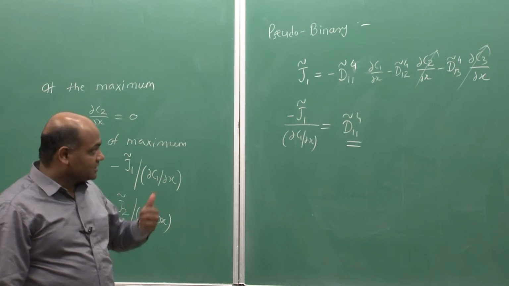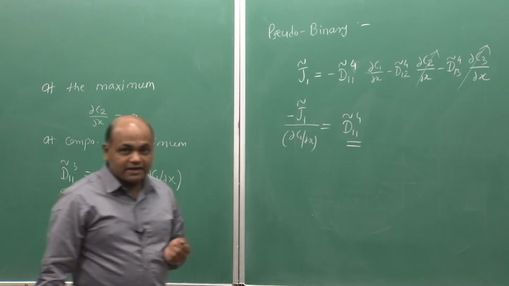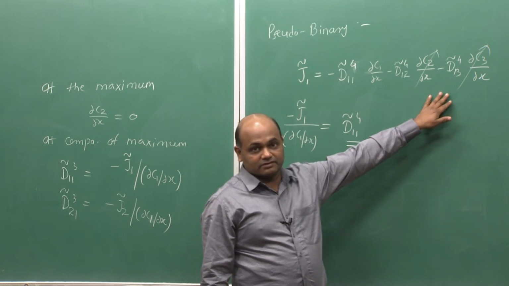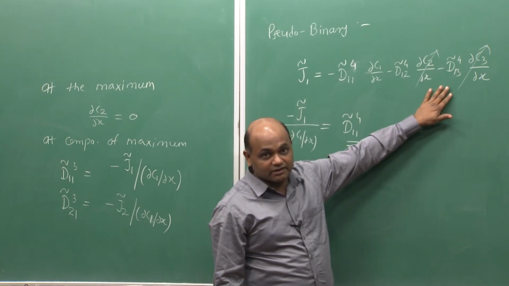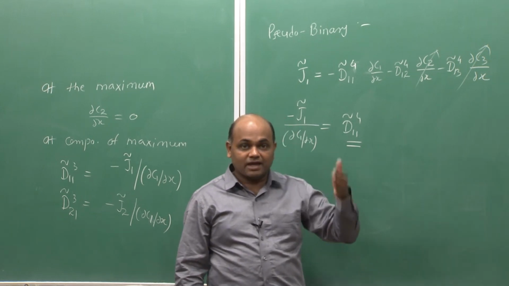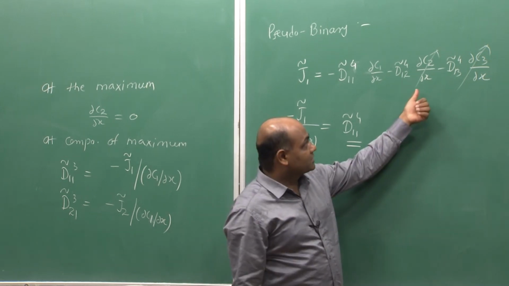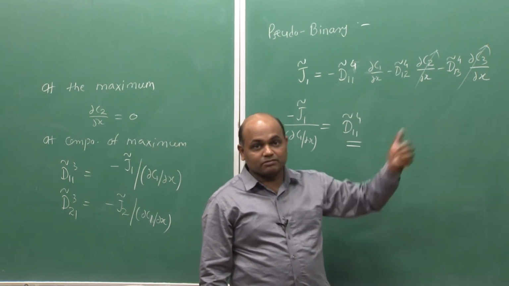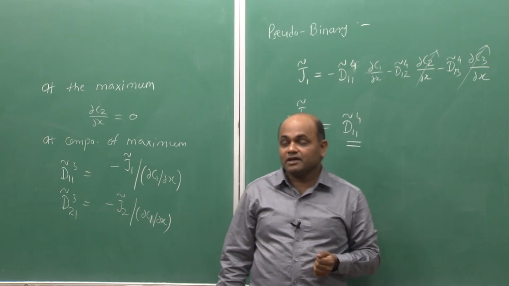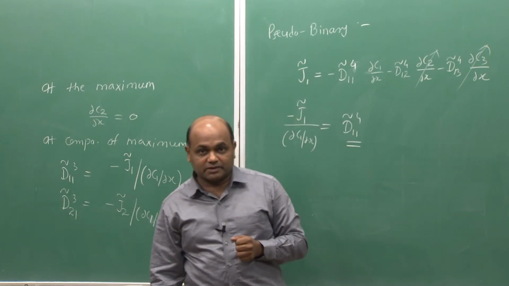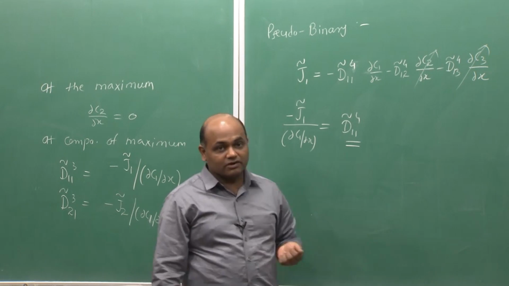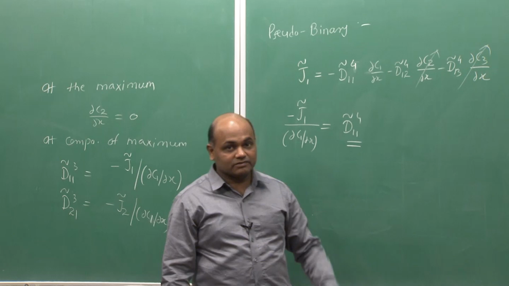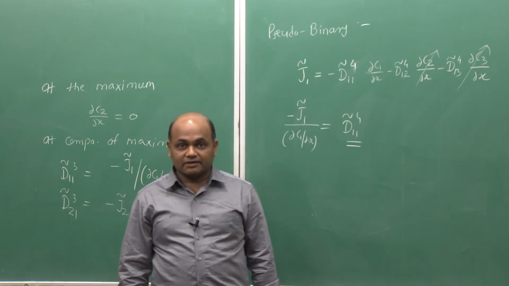But the limitation is we are assuming that the interactions are not significant, because if the interactions are significant, even if we start with the same concentrations of, for example, 2 in both the terminal alloys, it will end up developing some concentration profile, because there will be an uphill diffusion region developed, which is not desired for the pseudo binary couple, because in that case then we cannot solve for D11 tilde 4 directly.